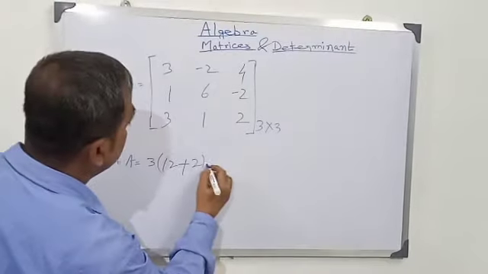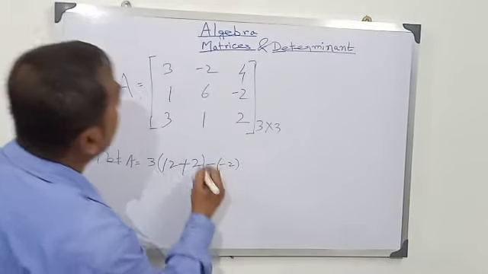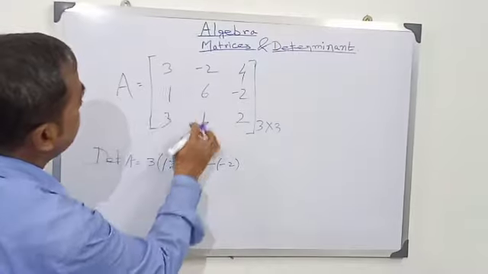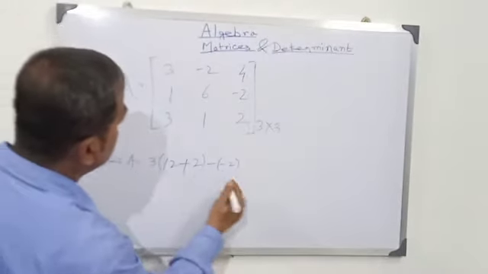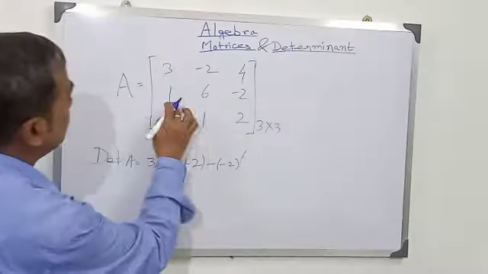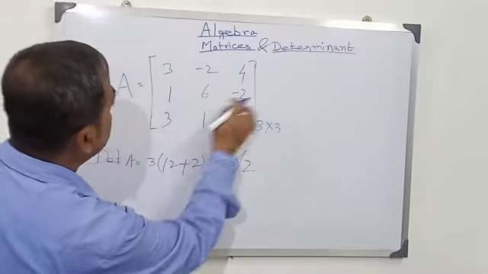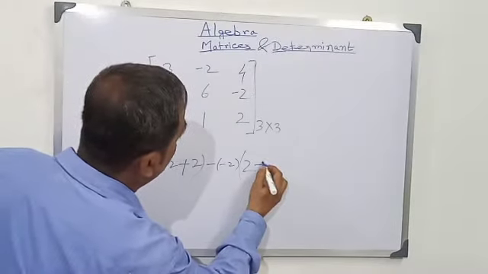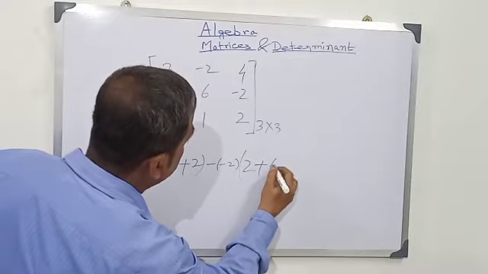Then for this, minus of minus 2, and we have to remove this 2, so this minus this, that is within bracket 2 into 1, 2, minus of 6. So 2 minus of minus 6, that is plus 6.